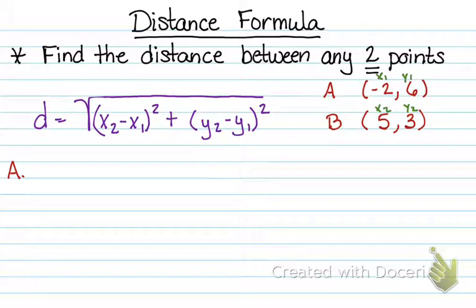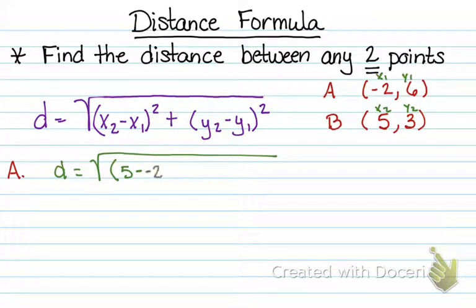You have to put them together, the partners. So the distance is equal to the square root of, and we're going to plug in. So our x2 is 5 minus a -2. That minus is part of the formula, so we have to remember that. (-2) squared plus y2 is 3 minus 6 squared.